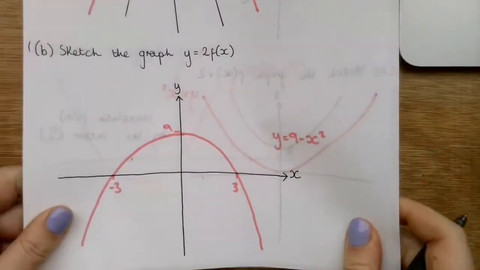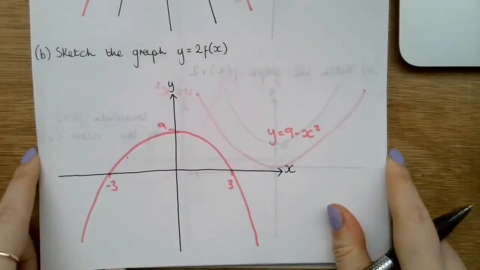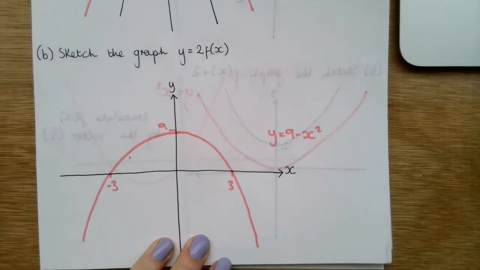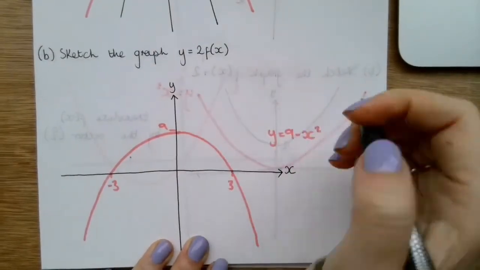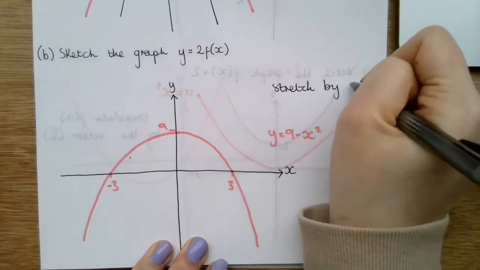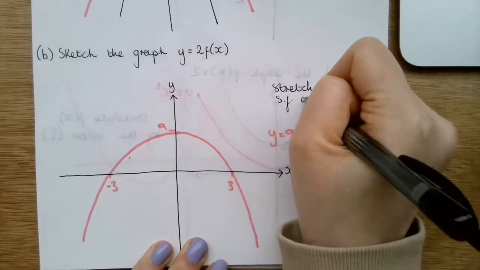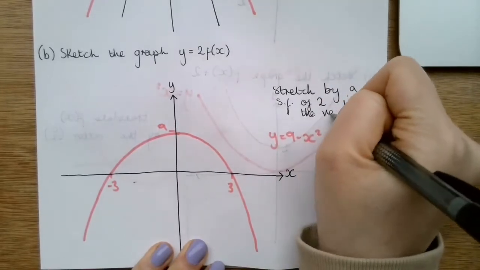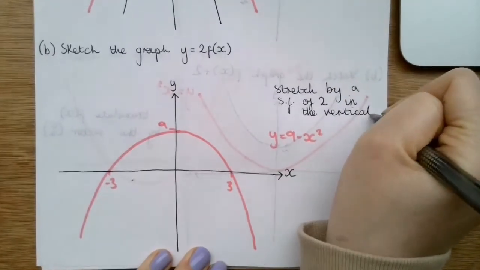Now the second example, we've now got the 2 outside of the function. So y equals 2 of f of x, we're going to do a stretch by a scale factor of 2 in the vertical direction.